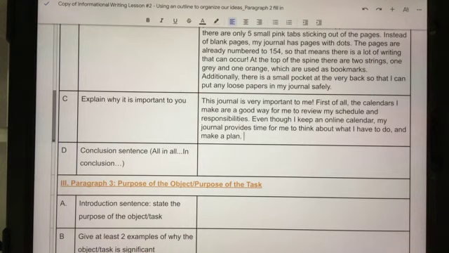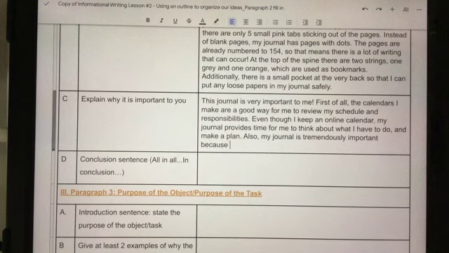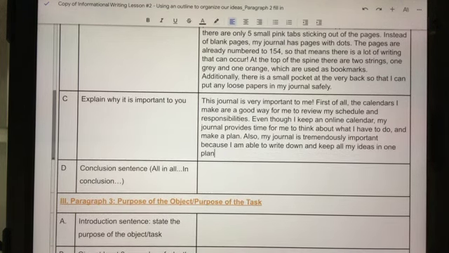All right, so now I'm going to get to my second reason why it's important to me. I'm going to use also, that transition word. Also, my journal is, and you know this word, tremendously important because I am able to write down and keep all my ideas in one place. Period. Finally, another transition.